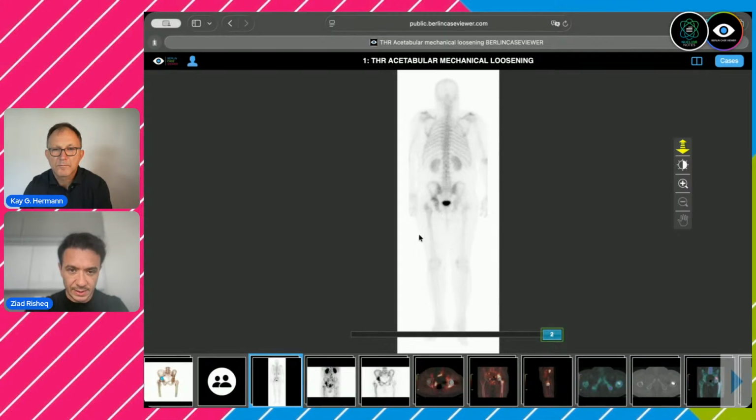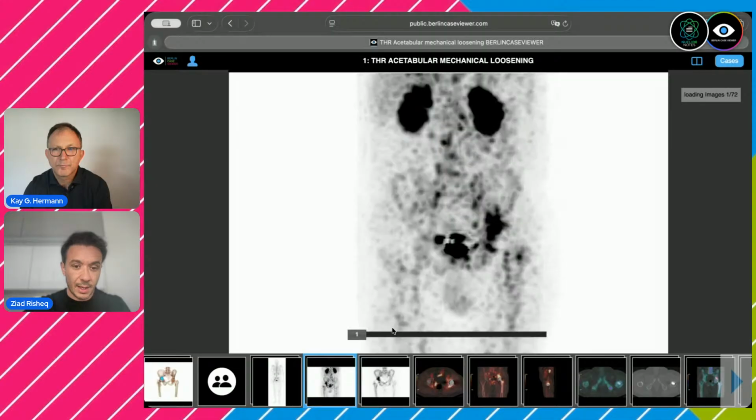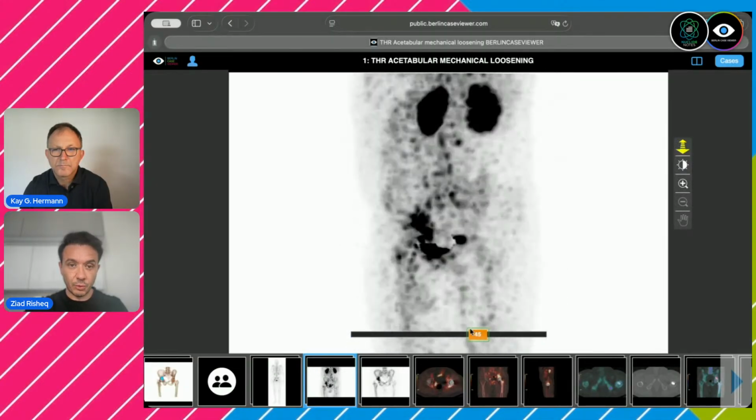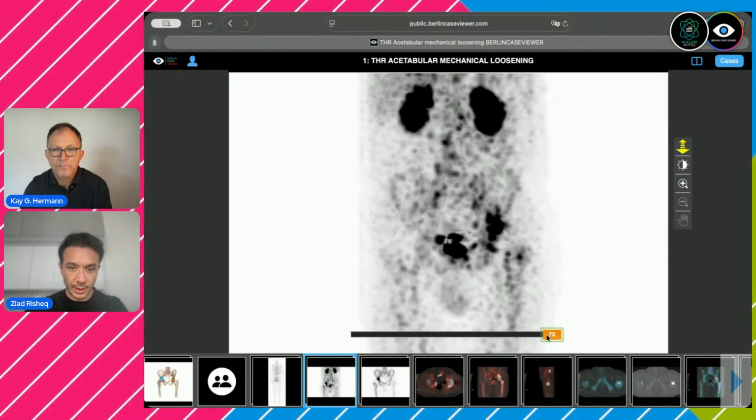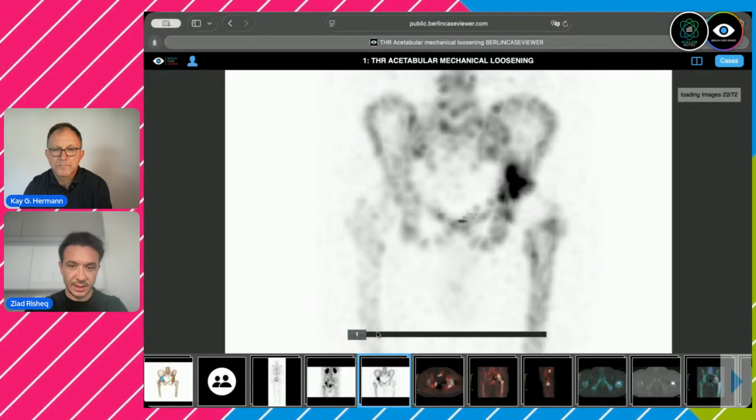Again, it looks kind of normal, but you have some activity over here. This is the blood pool MIP. You can see there's activity over here. And this is the delayed MIP. As you can see, you have some activity over here.